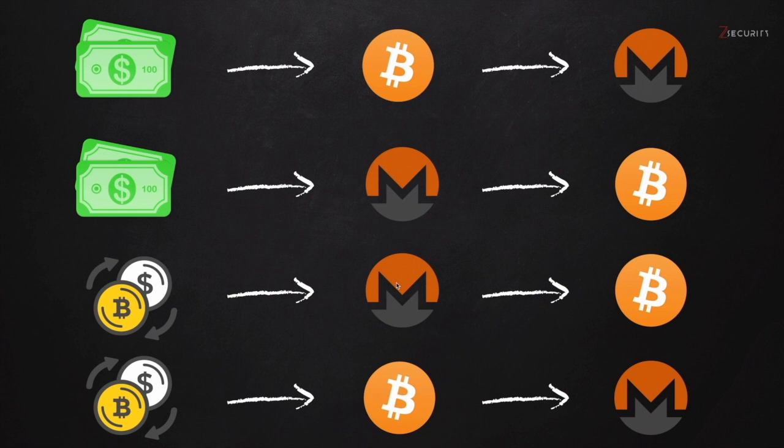Again, once you do that, that link is broken because Monero hides the sender and the receiver using ring signatures and stealth addresses. Therefore, once you send that money to a Bitcoin wallet, it's very anonymous, and the Bitcoin address that you're going to use will not be linked to your identity, even though you verified your identity when you bought the cryptocurrency, when you bought Monero for the first time.